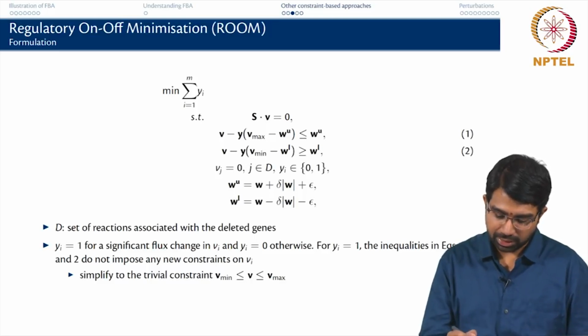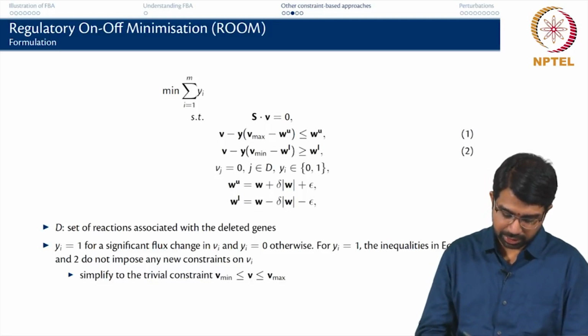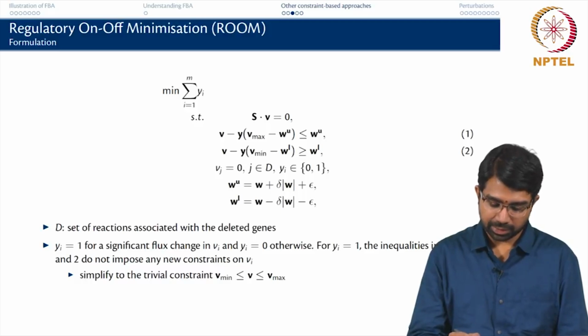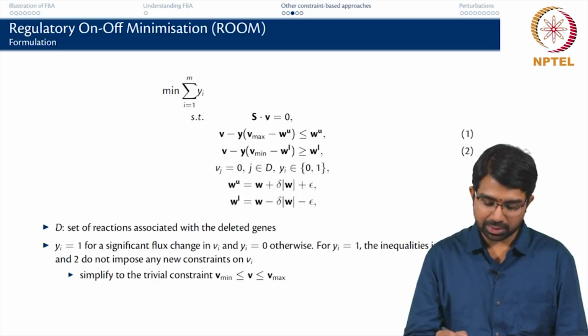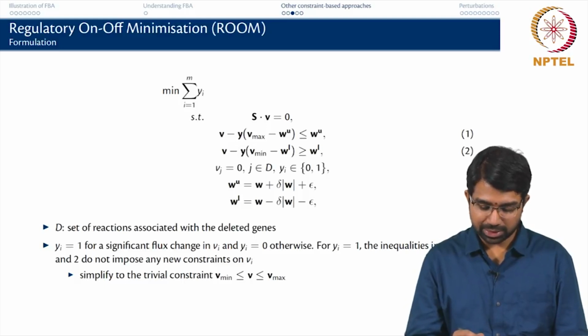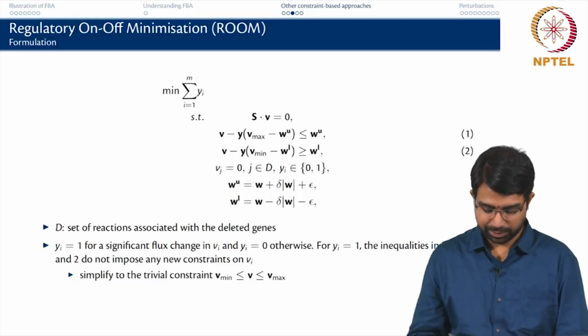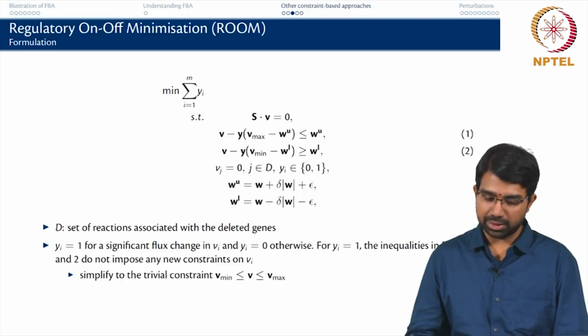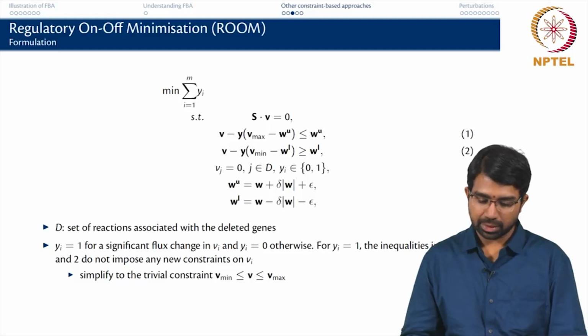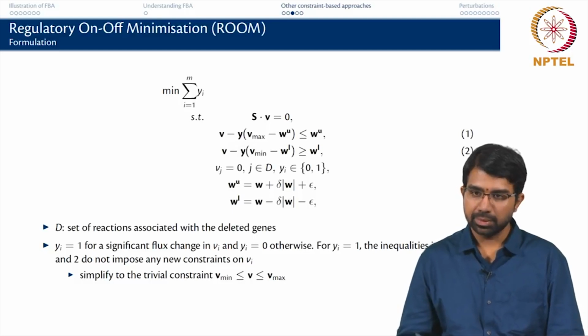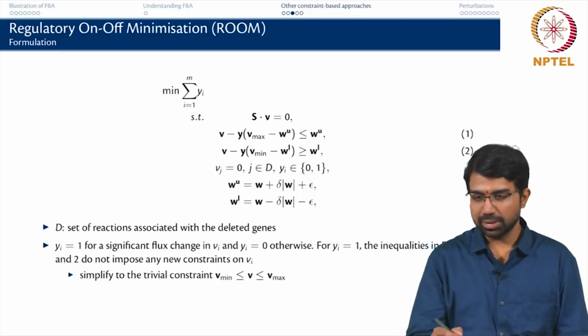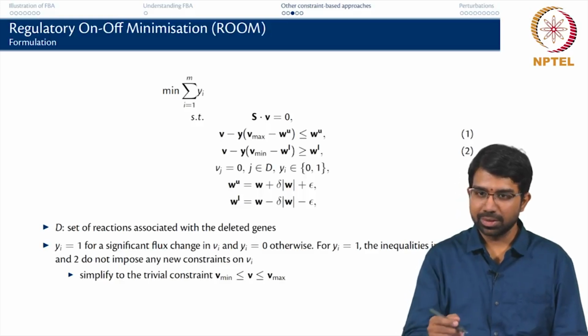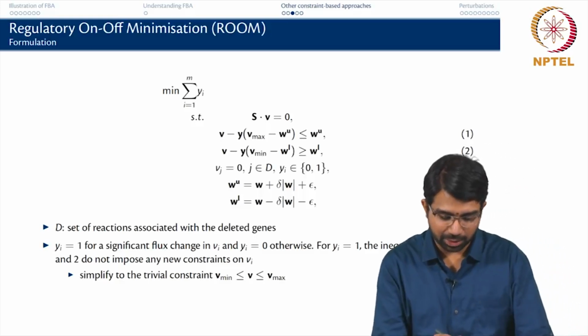So, then your equation basically becomes, what happens to the equation? When yi equals 1, V less than equals V max and V greater than equals V min, right. They basically simplify to the trivial constraint, right. So, even if you have delta epsilon.